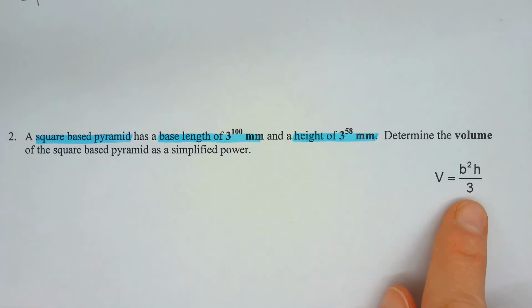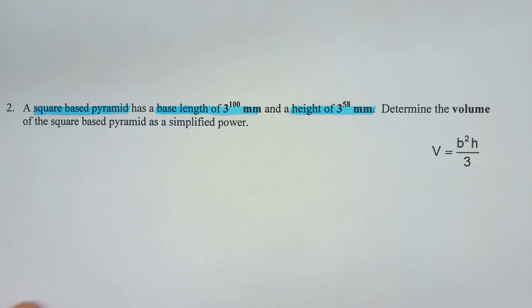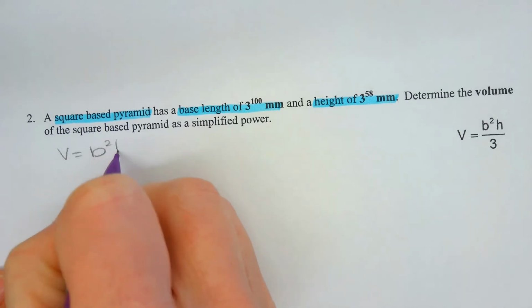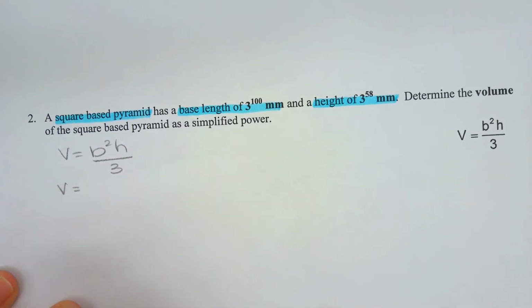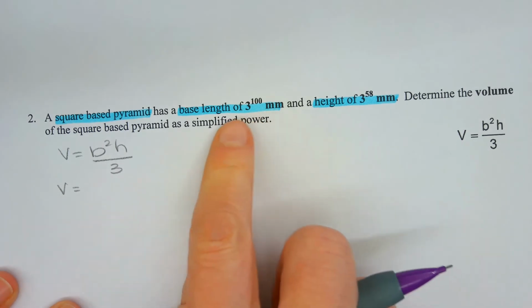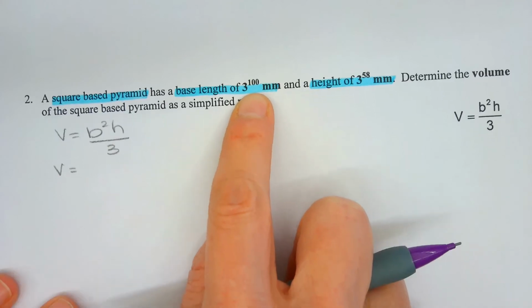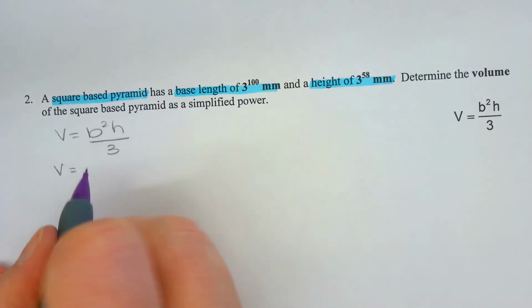So they've given us the formula for the volume of a square-based pyramid. So I'm going to write that down. The volume is b squared times h divided by 3. So the base length, which is my b, is 3 to the power of 100. So I'm going to replace b with 3 to the power of 100.